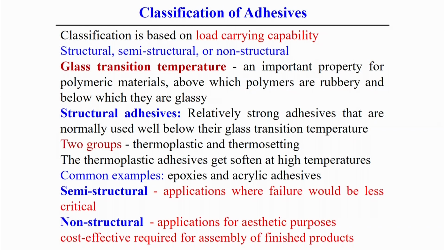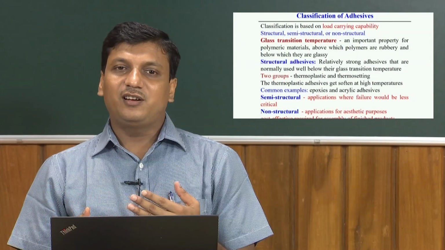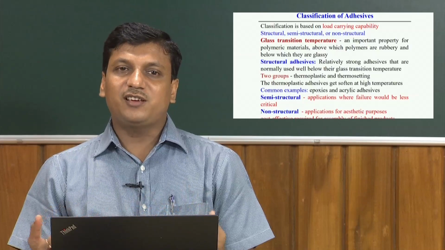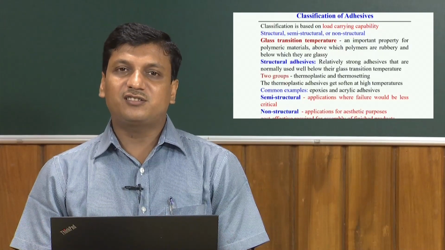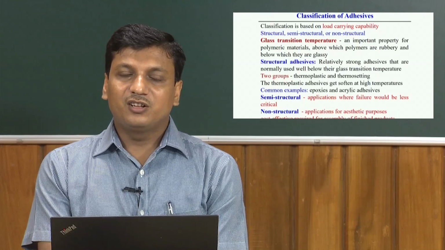So, structural adhesives are relatively strong adhesives that are normally used well below their glass transition temperature. Well below the glass transition temperature means the adhesive has a glassy structure.